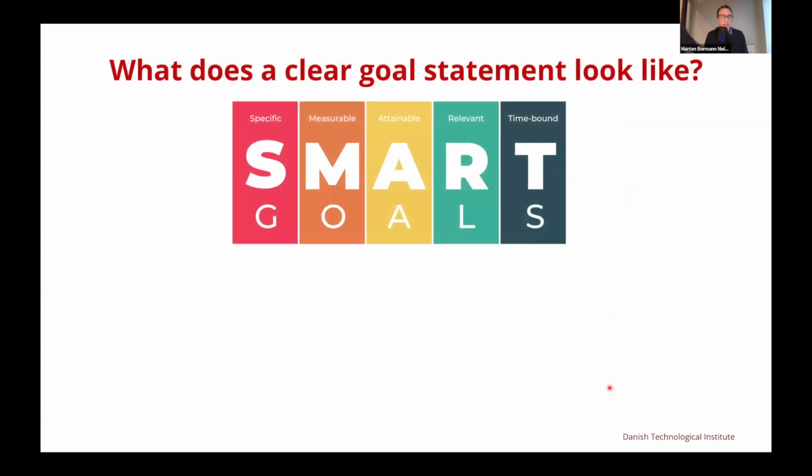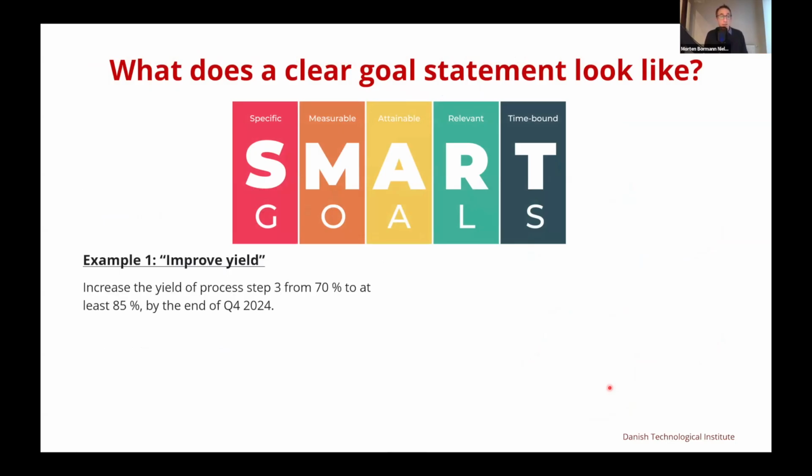So let me give you an example of a more clear goal. For instance, instead of just improving yield, you might want to specify that we're talking about this specific process step where the yield is about 70% at the moment, but we need to get this to at least 85% by the end of, this was meant to be this year, but at some time point in the future.